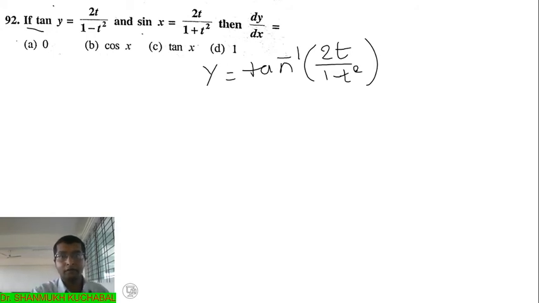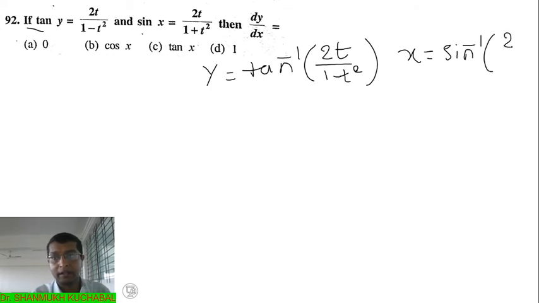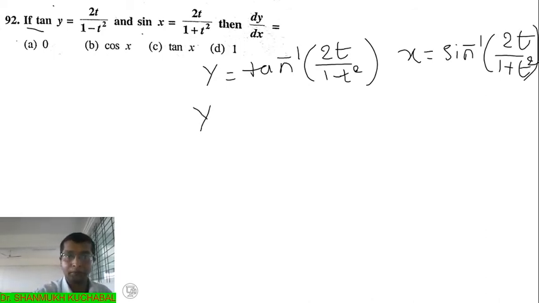Similarly, sine we have to transport to the RHS, it will become an inverse: x equal to sine inverse of 2t divided by 1 plus t square. So y equal to, it is one of the standard formulas, tan inverse of 2t divided by 1 minus t square.